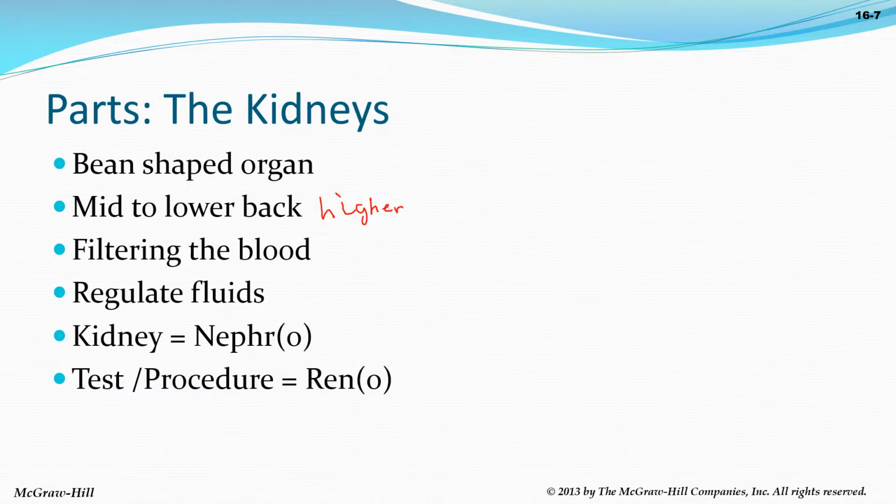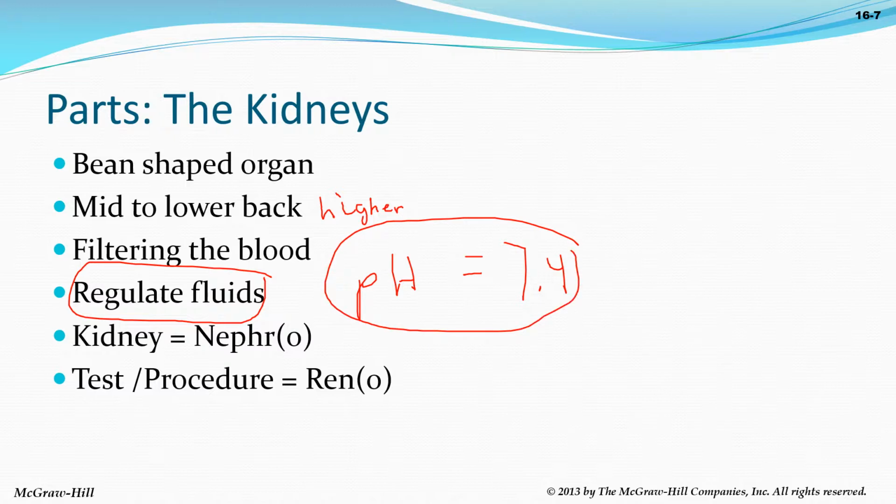2 functions, regulate fluid and pH balance. So your blood pH needs to be 7.4. So the kidneys will directly get rid of extra acid or extra base to keep you at pH 7.4. What is the other organ that regulates blood pH? Do you guys remember? Covered it last week.